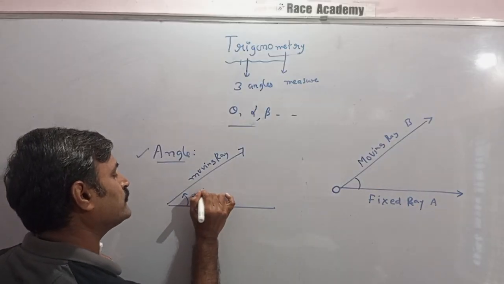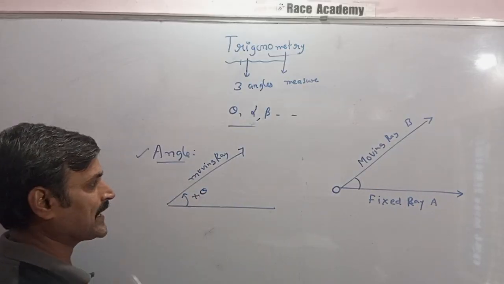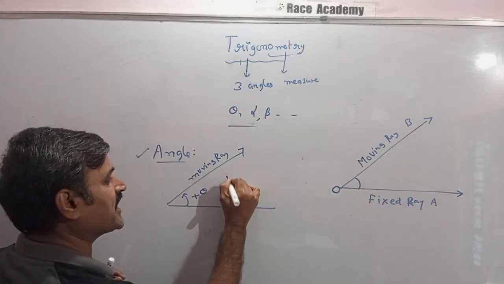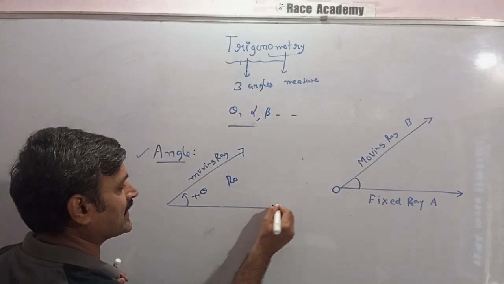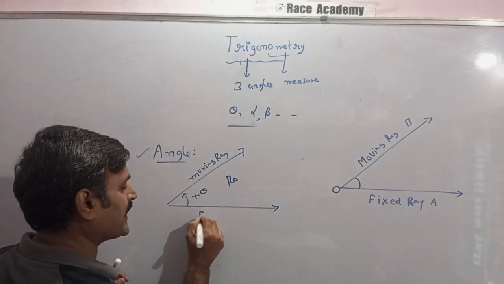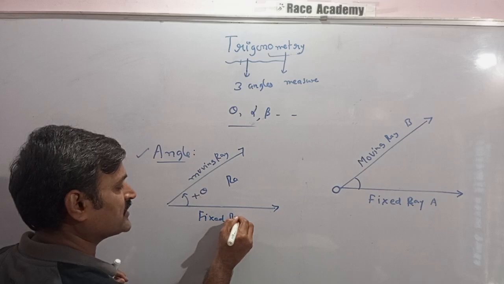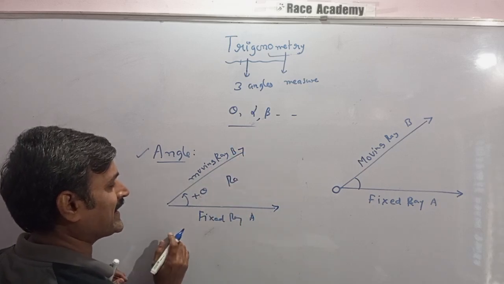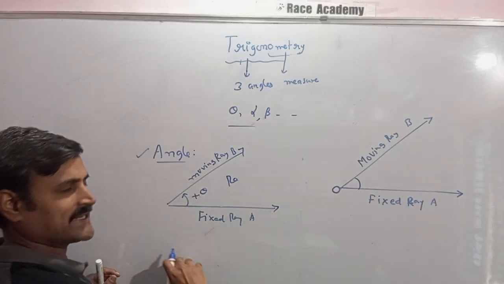How is this moving ray rotating with reference to the fixed ray? With reference to the fixed ray, this moving ray is rotating in the anti-clockwise direction.